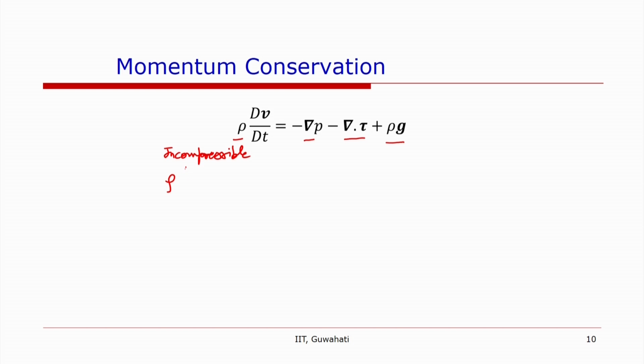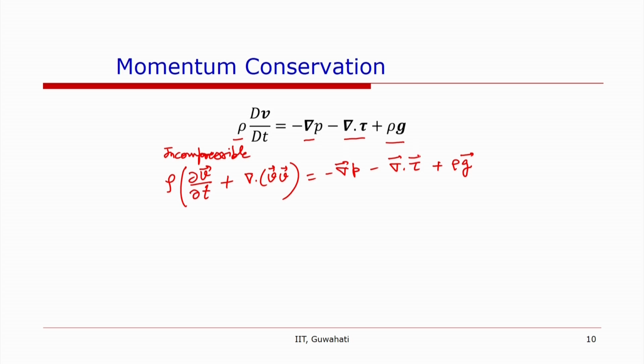We can write rho times del V over del t plus del dot V V in the vector form is equal to minus del P minus del dot tau plus rho g, if gravity is considered in the system.